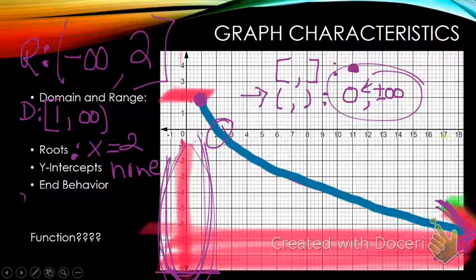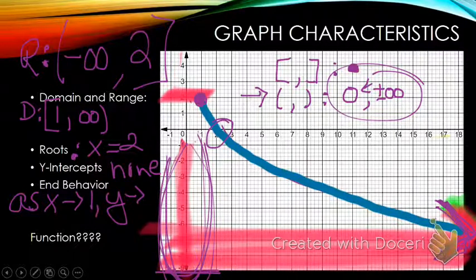As x is approaching 1, y is at what? As x goes to 1, where does y go?